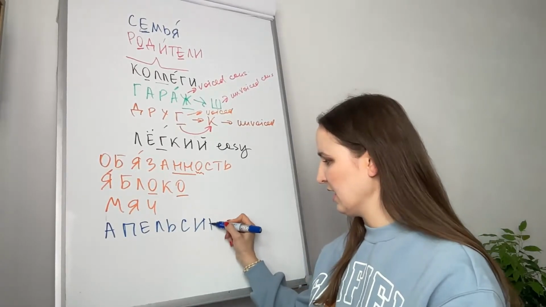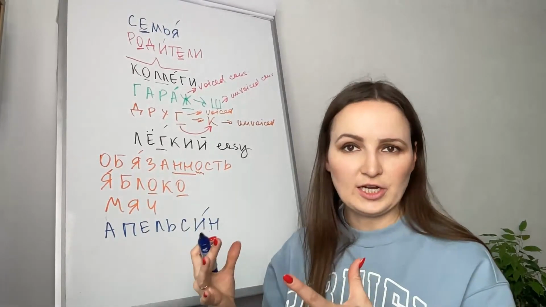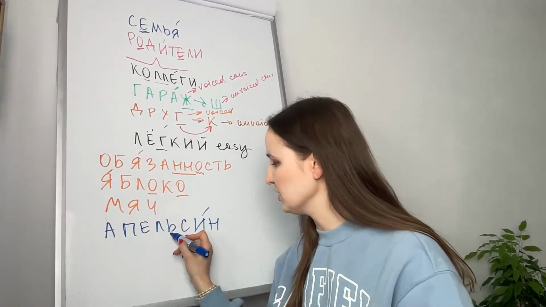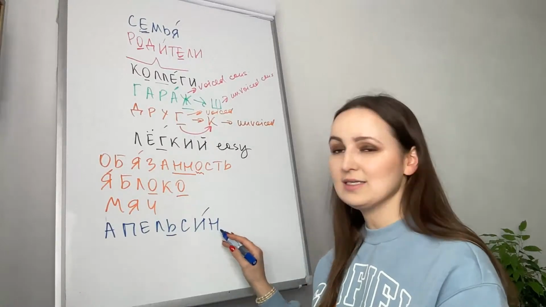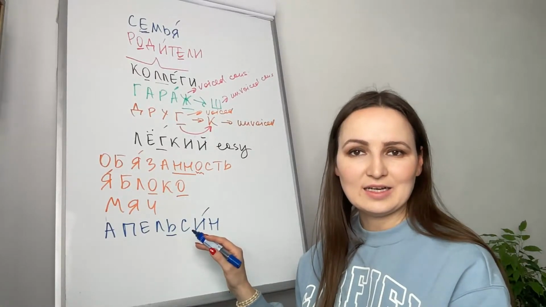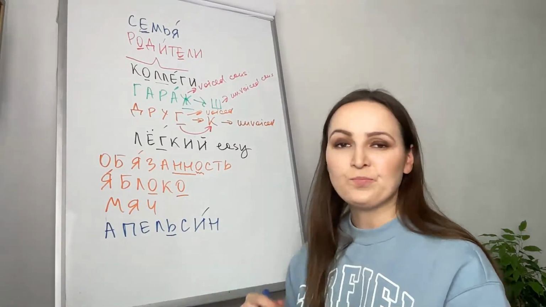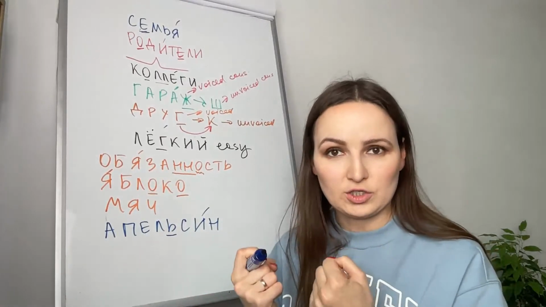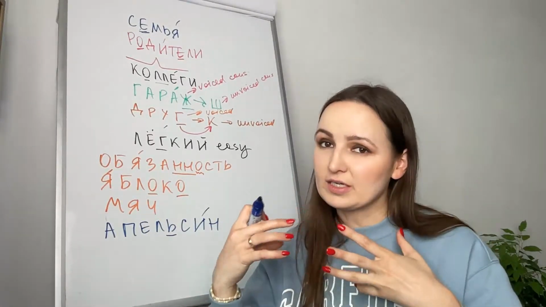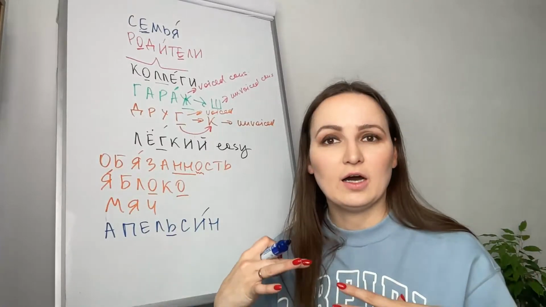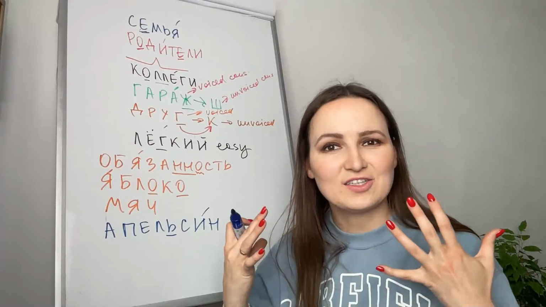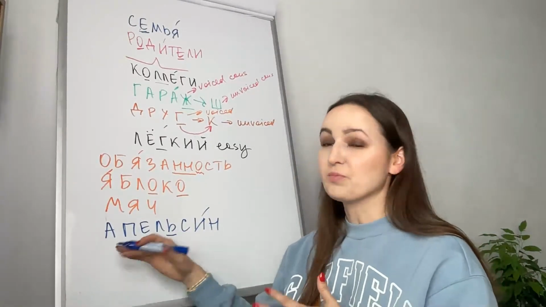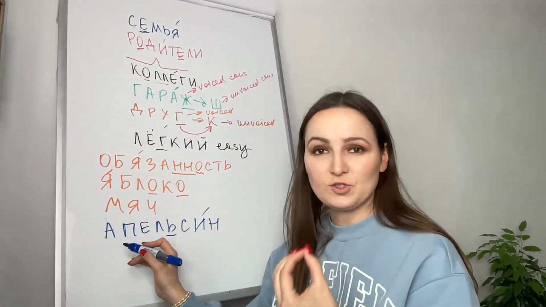Апельсин. Another challenging thing in Russian language is the letter мягкий знак, the soft sign. If you want to pronounce words like a native, I don't mean to get rid of your accent because accents are cute, but to pronounce it correctly, you have to practice.